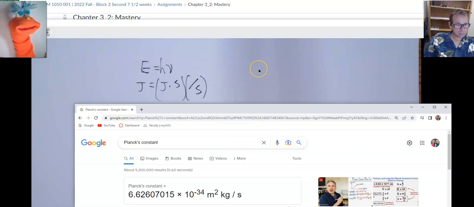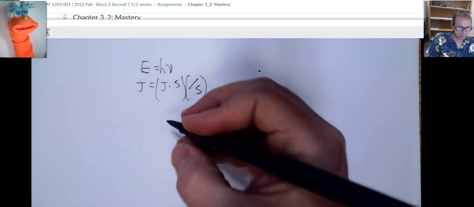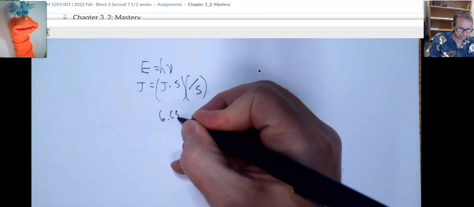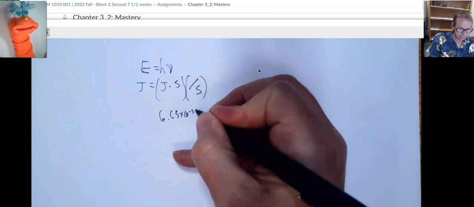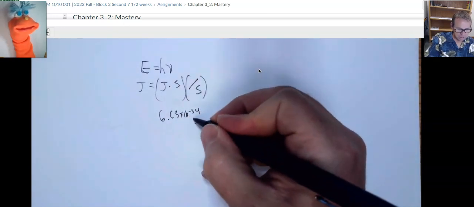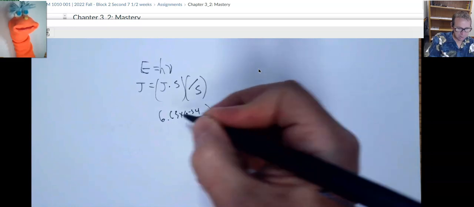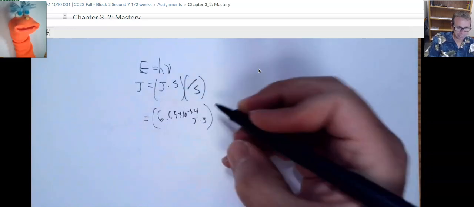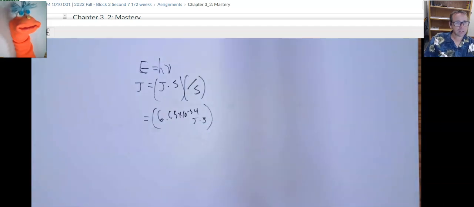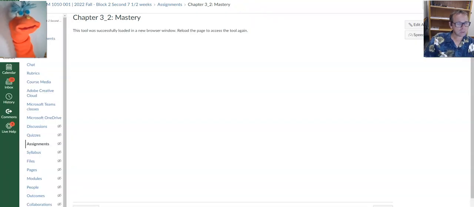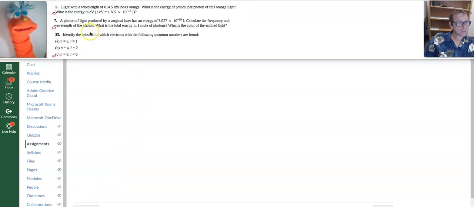Now we need that number, 6.63 times 10 to the minus 34. There's our Planck's constant, and that's joule seconds. And per seconds, what is our frequency?